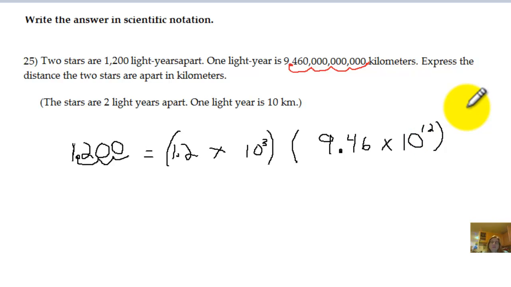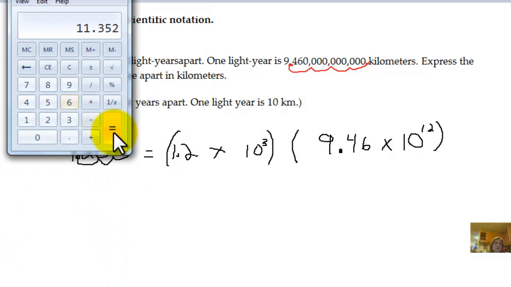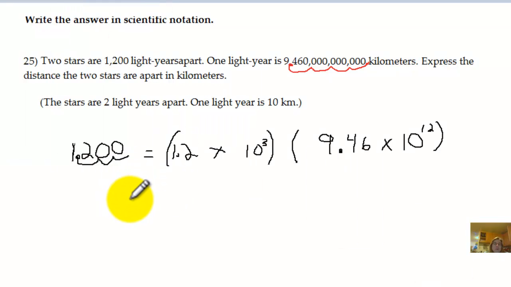Now you can do your multiplication, which is simply multiply these numbers. 1.2 times 9.46 is 11.352. So I'm going to use that entire number.